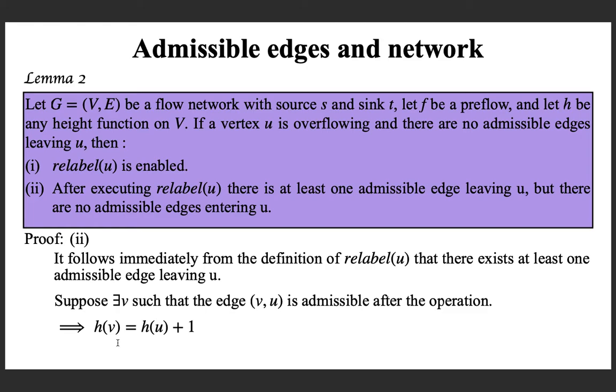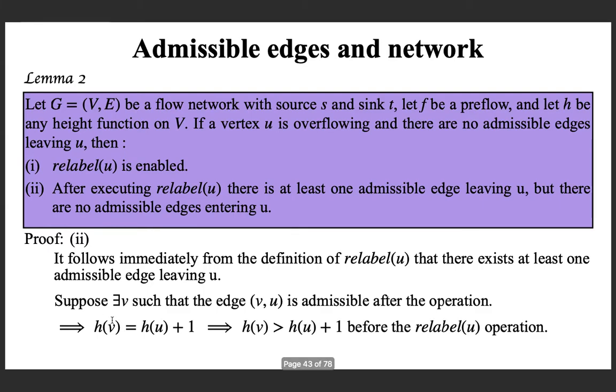If it is admissible, this must be true by the definition of admissible edges: if there is an edge from V to U, the height of V must be 1 more than the height of U. Note that we just performed a relabel operation, so after increasing, the height of U plus 1 is only the height of V. So previously the height of V must be strictly greater than this quantity, because after you increase, the height of U plus 1 is the same as the height of V. So before increasing, this quantity should be strictly more.